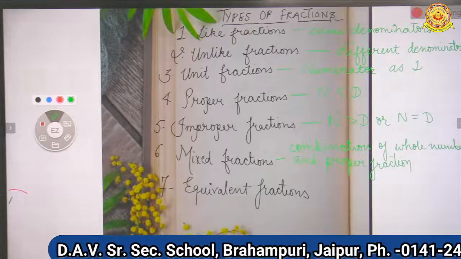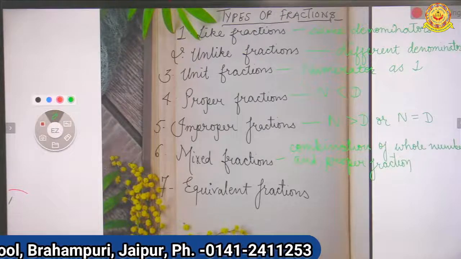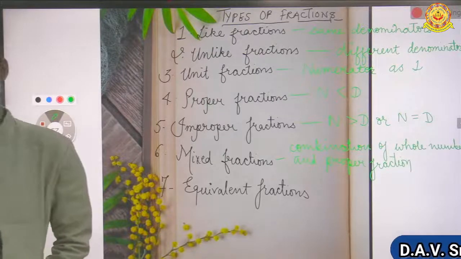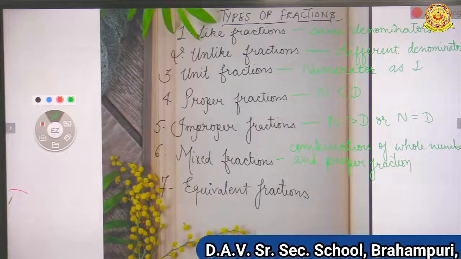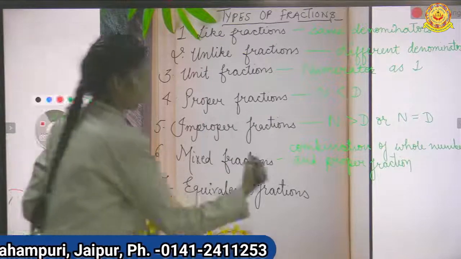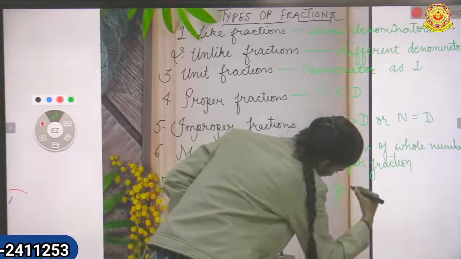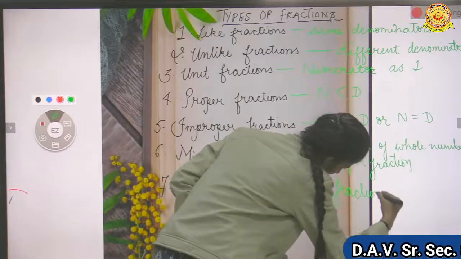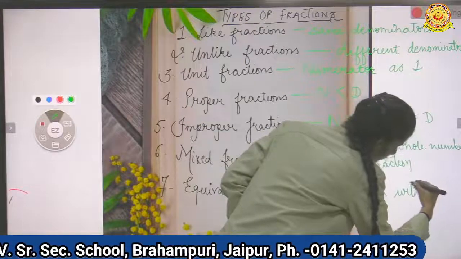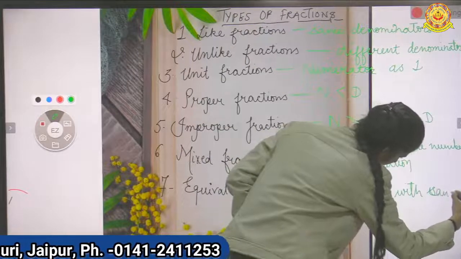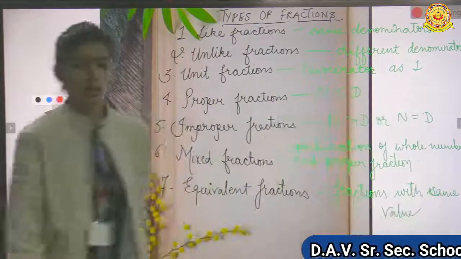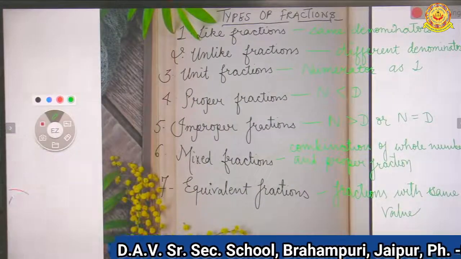What is the meaning of equivalent? Equi or valent means value. So equivalent fractions are the fractions with the same value. Are all the types clear to everyone?